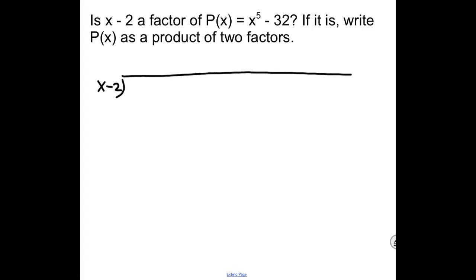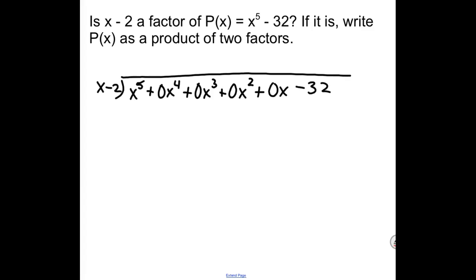We're dividing it into x to the 5th plus 0x to the 4th plus 0x cubed plus 0x squared plus 0x minus 32. Okay?